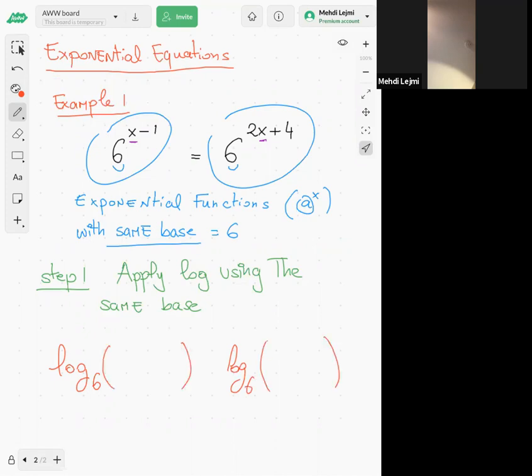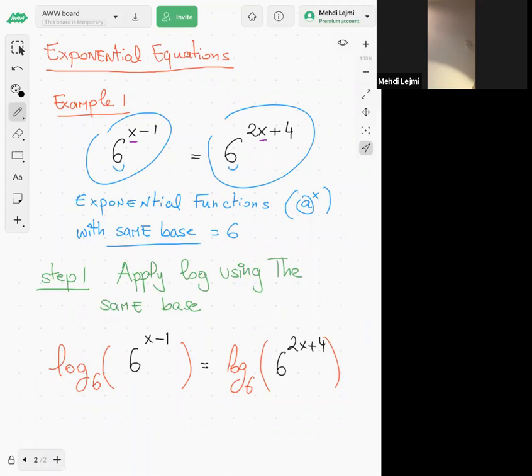On the left side we have 6 to the power x minus 1, and on the right side I have 6 to the power 2x plus 4. So I applied the log in base 6 to both sides.